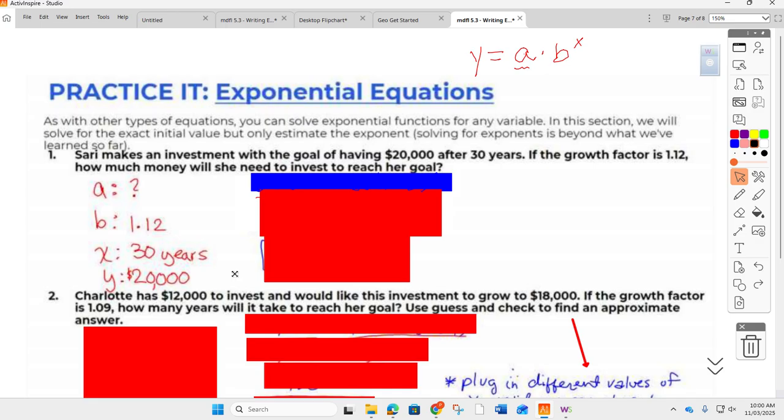Anybody have a guess? How much money do you think she would need to deposit to have $20,000 in 30 years? Just off the top of your head, what do you think? One deposit, 30 years, and it's going to grow by 12% each year. That's the growth factor. What do you think? Just off the top of your head. I mean, it's just for fun. Say it again? How much money would she have to deposit?